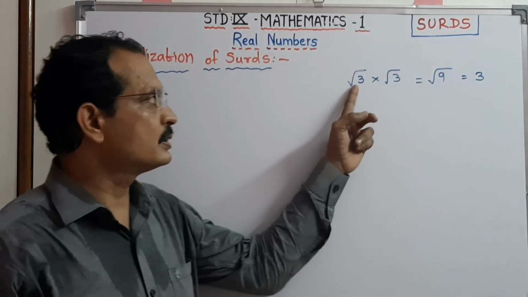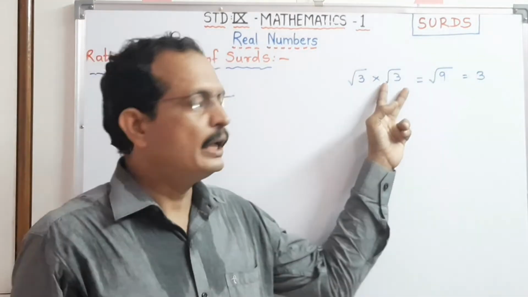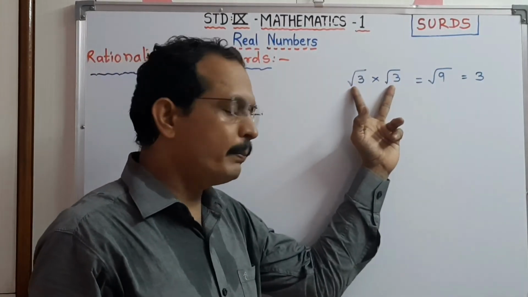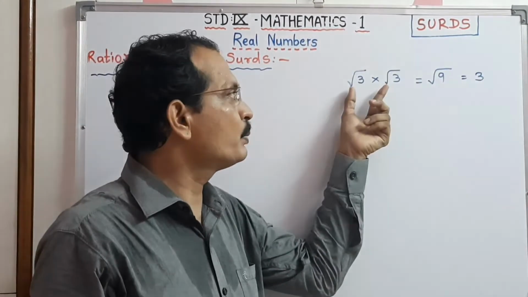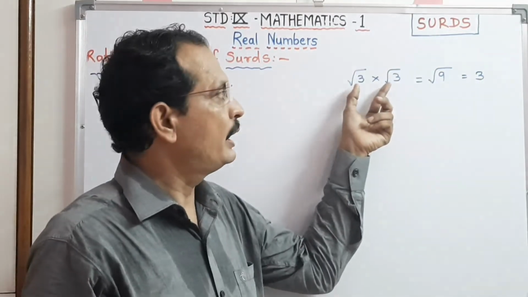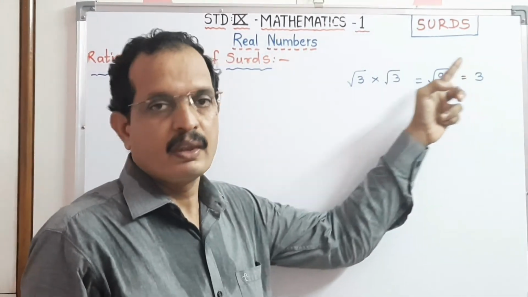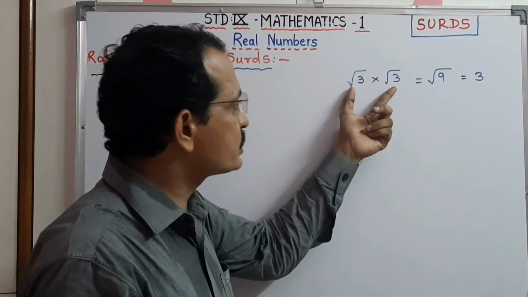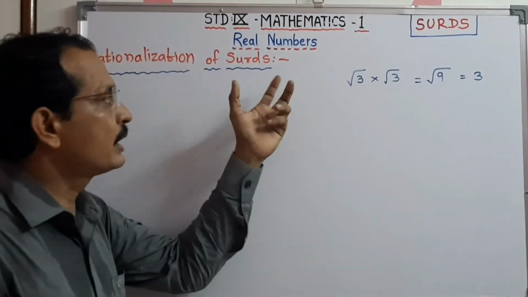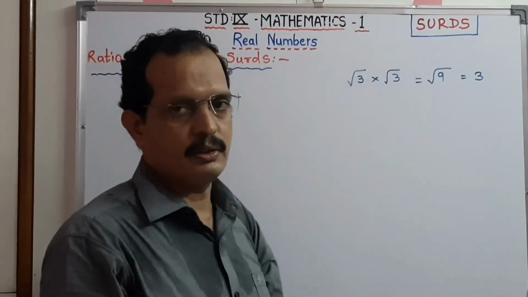This is a surd, this is also a surd, and if we multiply, that means we find the product of two surds, and the product of the two surds is a rational number. Therefore these two surds are called rationalizing factors of each other.